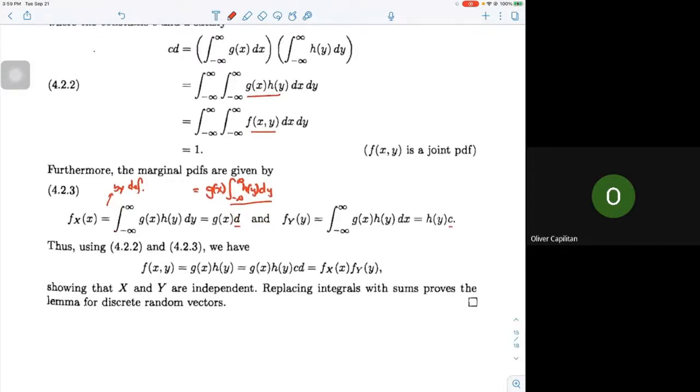Now, using 4.2.2 as well as 4.2.3, we have here our joint PDF, by assumption equal to this product. And then since CD is equal to 1, equality is preserved.